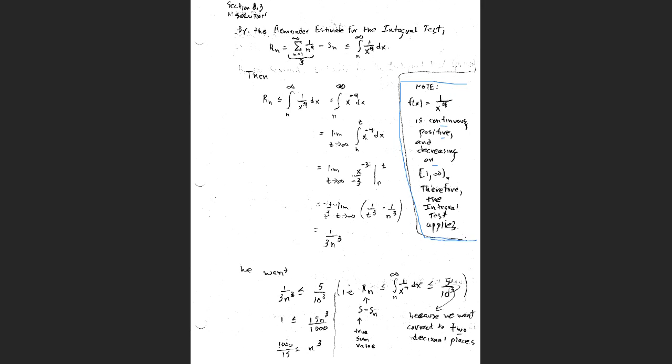So by the remainder estimate for the integral test, the remainder is less than or equal to the improper integral from n to infinity of 1 over x to the 4th dx. Again, what I'm trying to do here is determine how many terms of the series I need to add, and then I'll add the necessary terms.